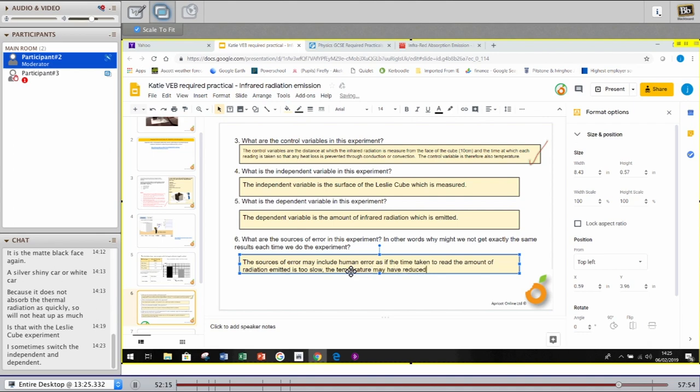Good. Yeah, that is the big thing. It's down to whether the temperature has reduced. So if the temperature is reduced, okay, then that is going to skew your results. Okay, that's fine.